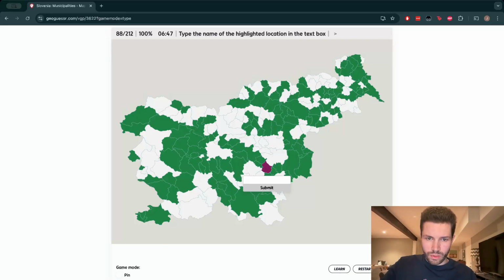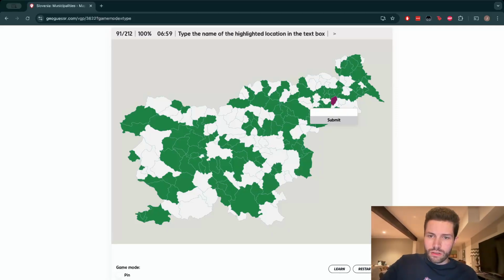Why do I not remember? Oh, Mokronog Trebelno. This is Krško. Kostanjevica na Krki. This is... Wait, what is this one? Juršinci. That is... Komenda. Žiri. Koper.